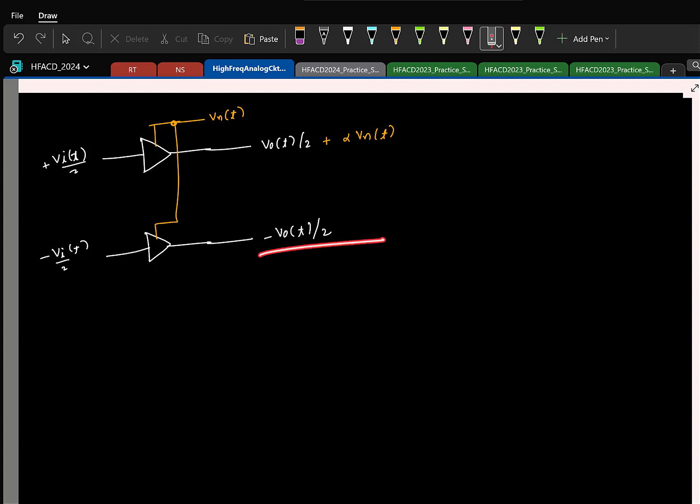So what will happen here? Plus the same alpha times Vn of t. Fine, it's an identical block. So if for the first block alpha times the supply appears at the output, even for the second block the same is going to happen. So once again, if I take the difference between the two, they're okay. Right?